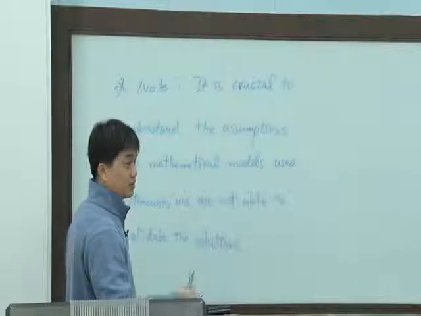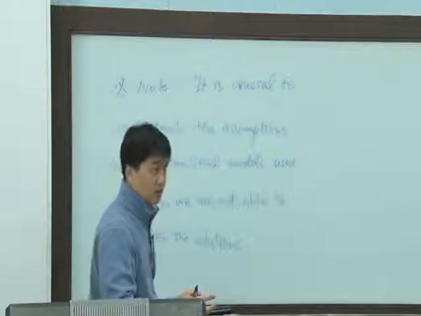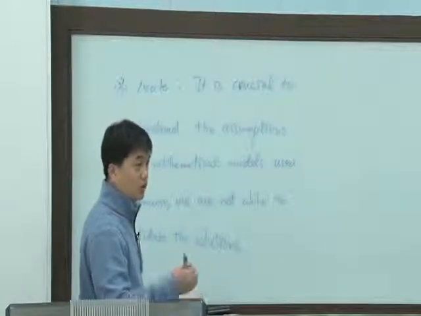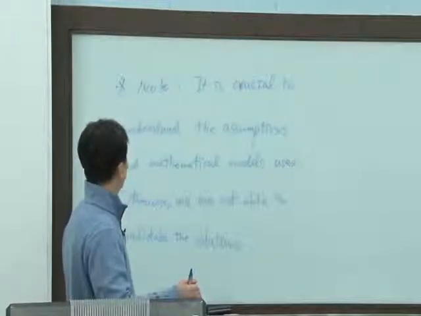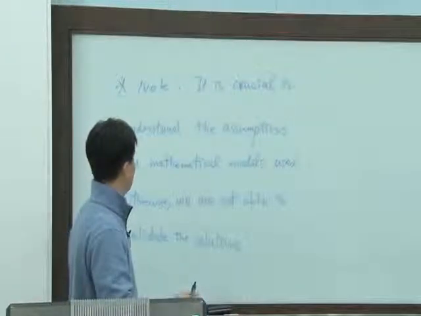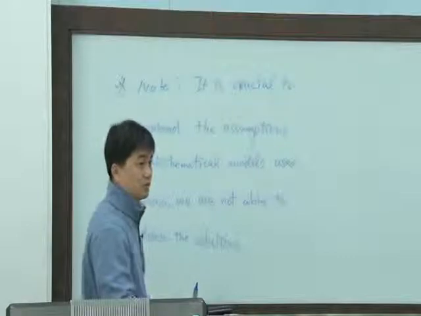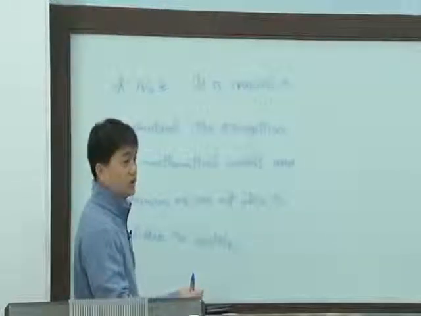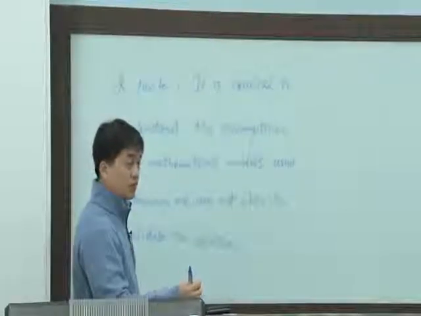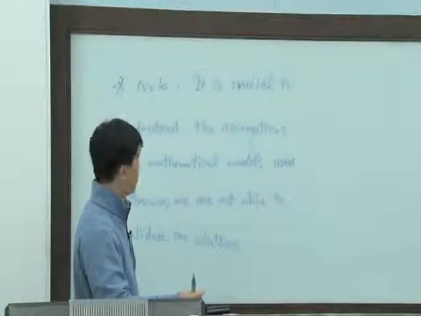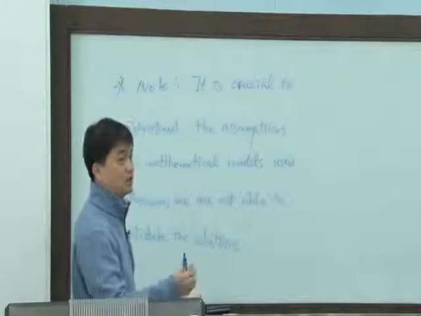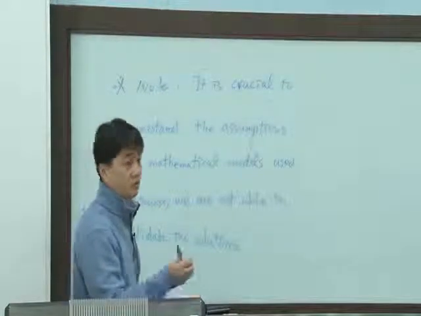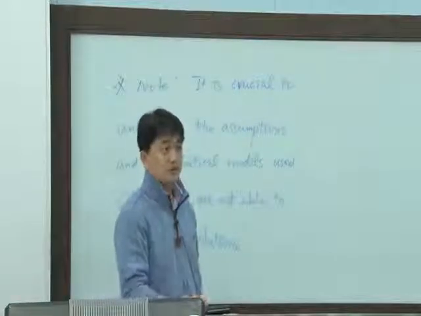Okay. So when we try to understand the solution, we always keep in mind what kind of assumption and what kind of mathematical model we use. Because the solution we calculated is a solution of the mathematical model under some assumption. It's not a solution of the real problem, okay?